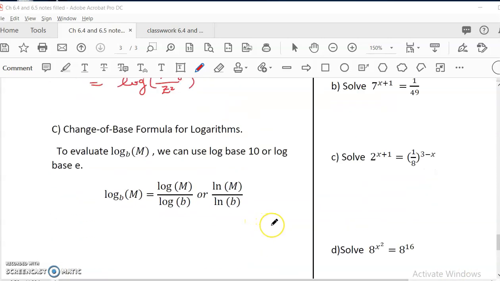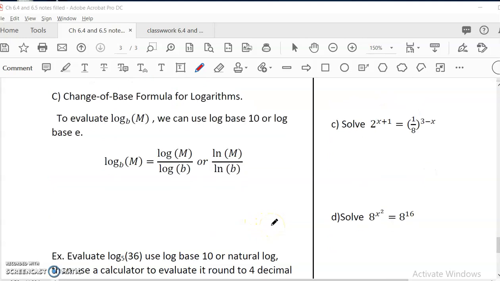The main reason why we learn this log property is, in 6.3 we say, if we want to evaluate something of a different base, like log base 2 of 5, how can I do that, right? In the calculator, most calculators only have log base 10 and ln, log base e.